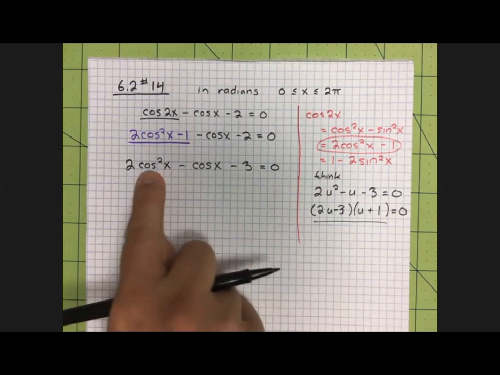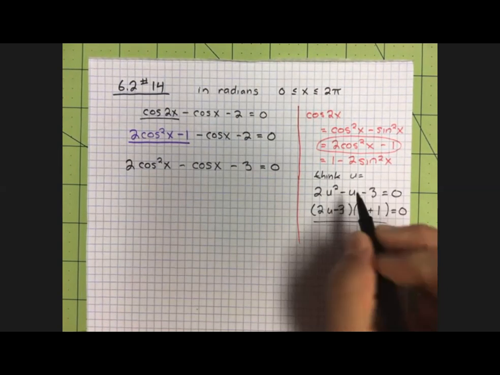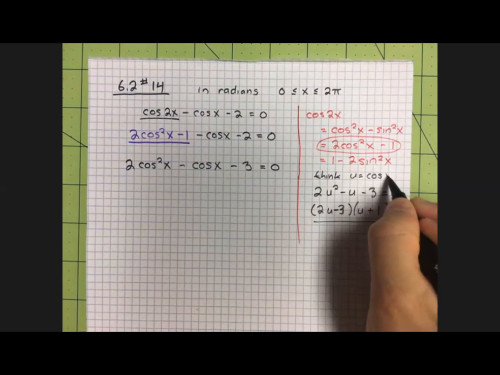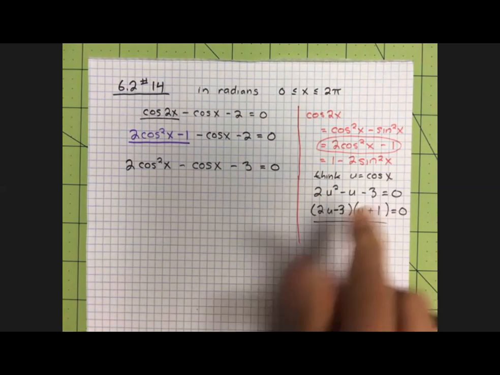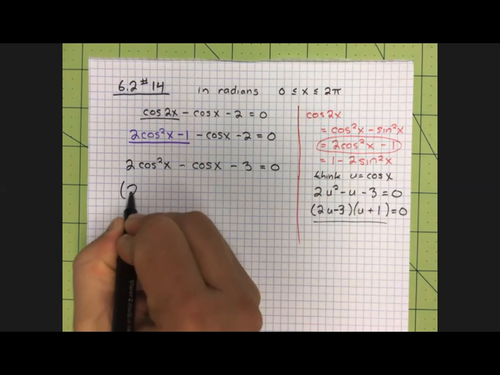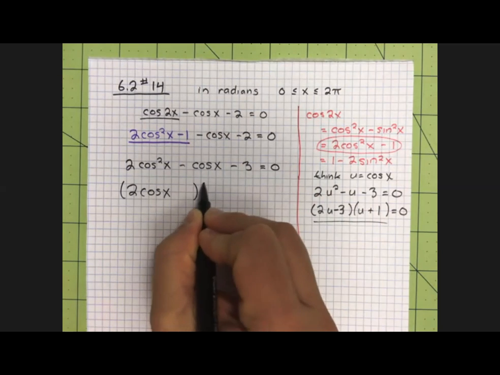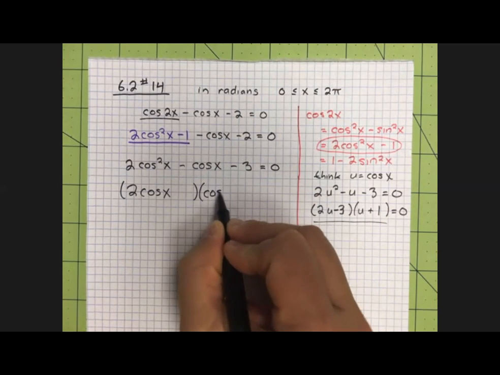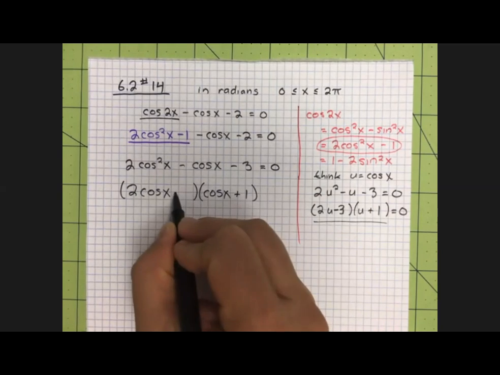So let's factor this, and think of that cosine of x as what I just called u. So I get 2 times cosine of x minus 3, times cosine of x plus 1.